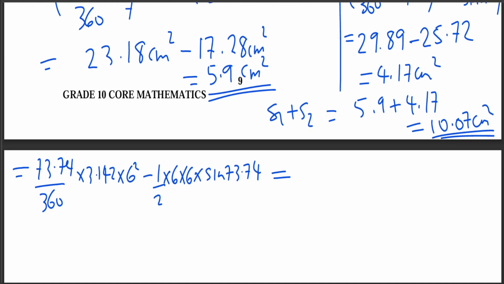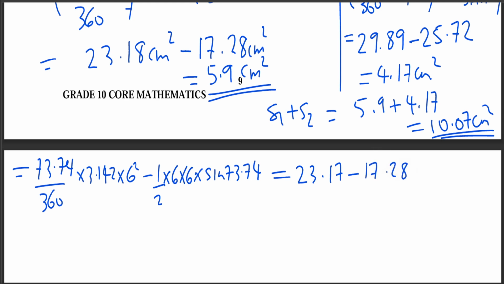So 73.74 over 360 times 3.142 times 6 squared is going to give us 23.17, minus half times 6 times 6 times sine 73.74, na itatupa 17.28.